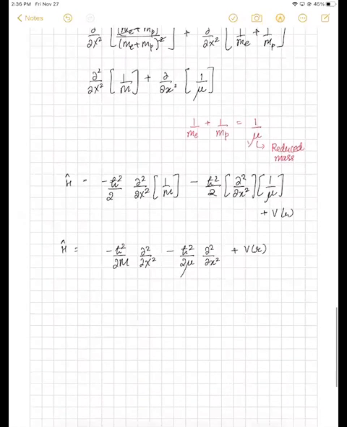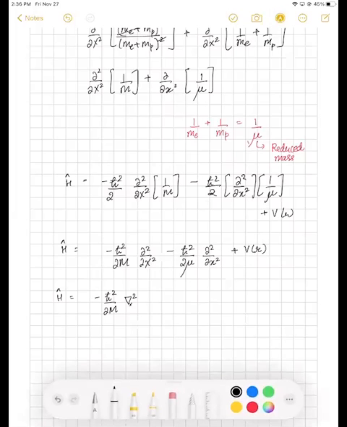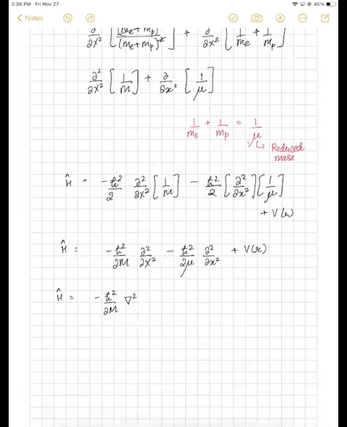And if you want to generalize it for all directions, x, y, and z, for all dimensions, we'll just call this one capital R. We're going to call this small r.